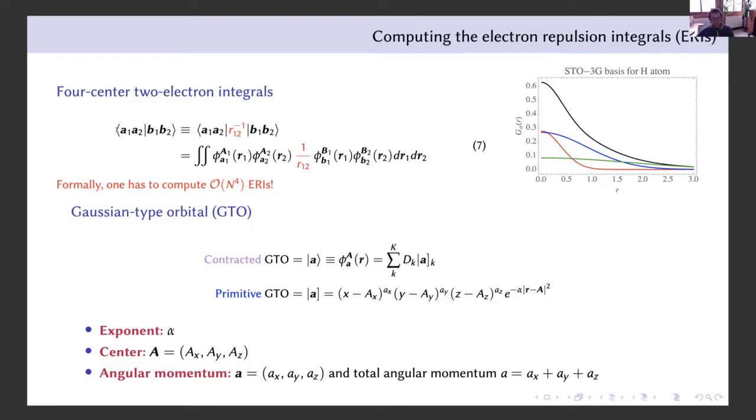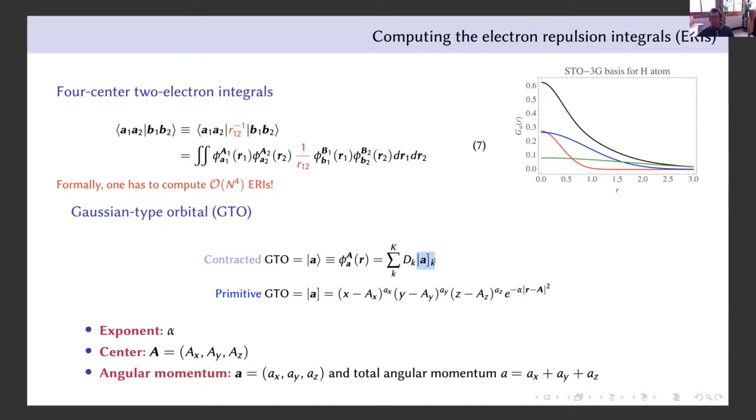When we write an integral like this, those are what we call contracted GTOs, which means those functions are already a linear combination of primitive Gaussian functions, those A's with a square bracket here. So let's take an example.